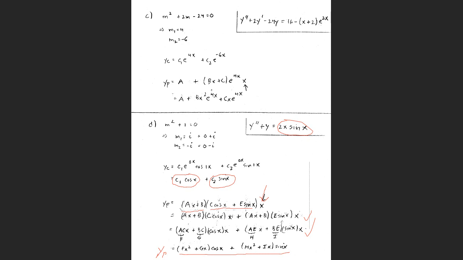Because I'm distributing here c cosine of x to the ax and to the b, and I don't want to have a coefficient called AC and BC. So I'll just call them F and G. That's all I'm doing. And similarly here too, E times the sine of x times AX, E times the sine of x times B.